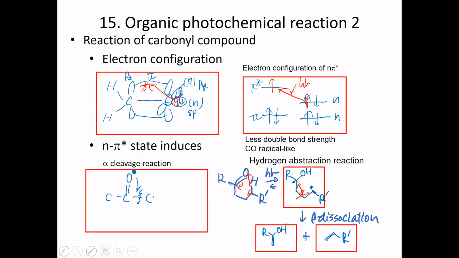But anyway, the key point, as I mentioned, is this hydrogen abstraction reaction.